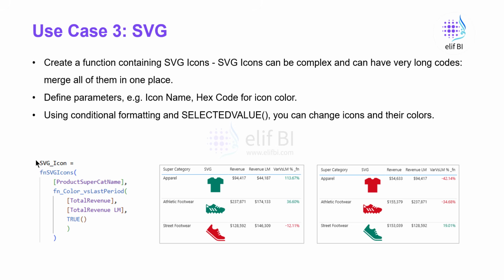For example, here you can see a very short DAX measure that I have created is FN SVG icons. You put the supercat name, which is this one, and within this function I am calling another function, and that is that color function that we created for use case 2. In that we are mentioning the metrics which the color has to be based on. So let's have a look how we can do that in Power BI.